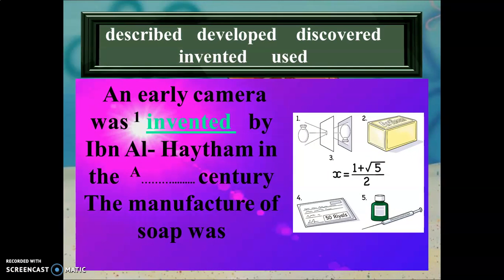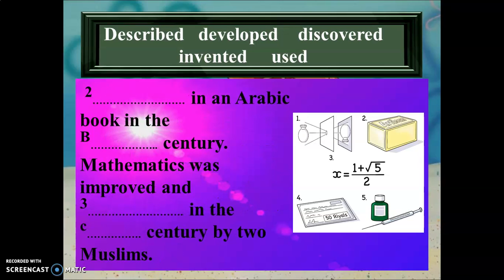Okay, Ibn al-Haytham, in the 10th century. The manufacture of soap was described in an Arabic book in which century? 12th century. Okay, in the 9th century, mathematics was improved and developed by two Muslims. والقرون التي حدثت فيها century by two Muslims.